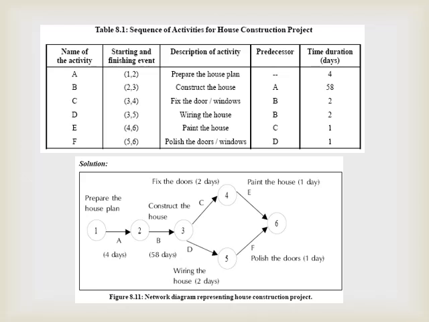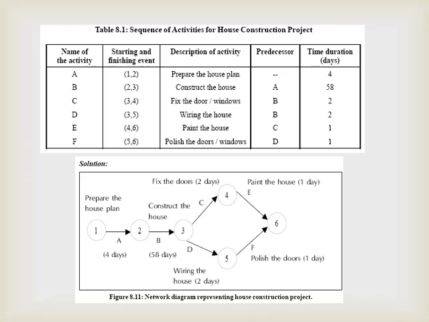But activity C will start after the completion of activity B. And also activity D starts after the completion of activity B. So the connection between event 3 and event 4 is activity C. The connection between event 3 and event 5 is activity D.